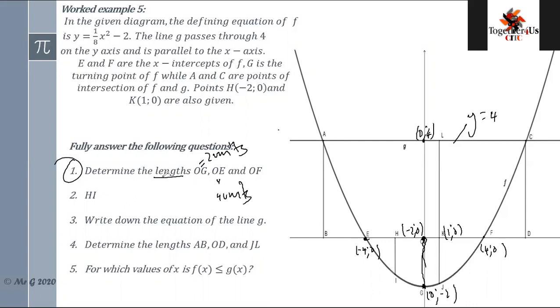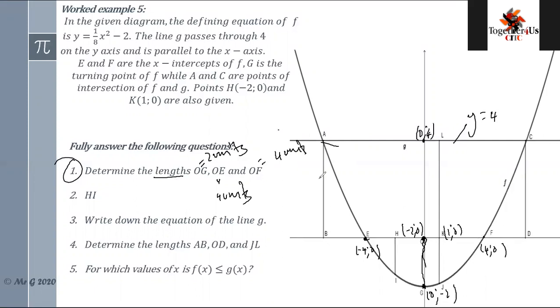Again, because it is a length, we cannot say -4. I'm surely going to mark you wrong if you put a -4 for a distance or a length. That is not correct. OF we can see we have that. You see why I put the intercepts. OF is also 4 units. In essence, OF is equal to OE. So another question from this could have been: prove that OE is equal to OF.